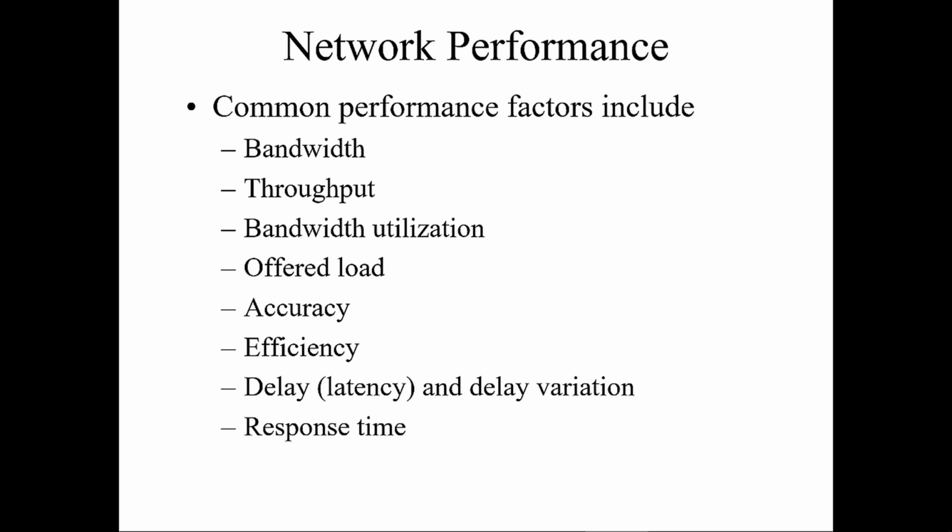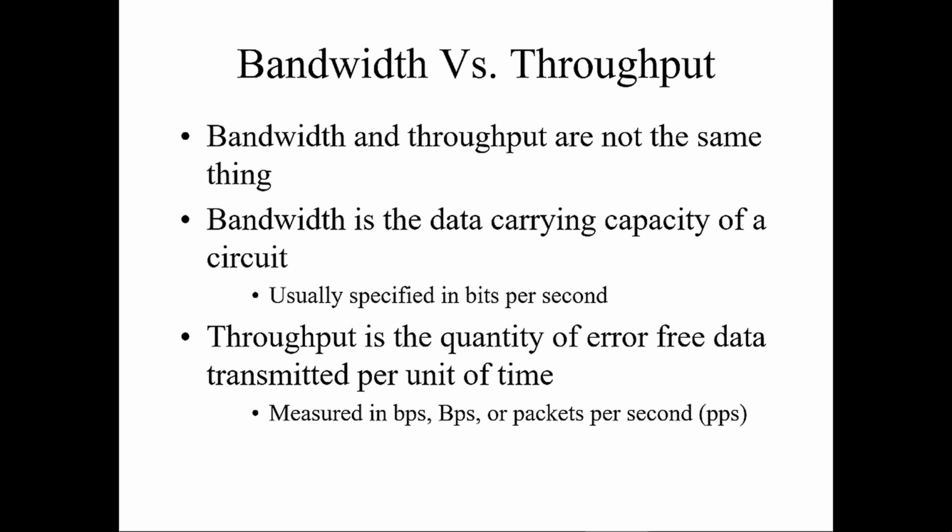Network performance can be characterized in several different ways. This could be characterized as bandwidth, throughput, utilization, bandwidth utilization, offered load versus overload, accuracy, efficiency, delay or latency, or delay variation, and could also be a response time. So, bandwidth versus throughput. Is there a difference?